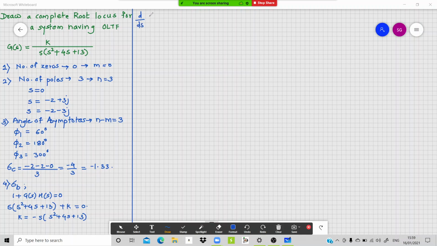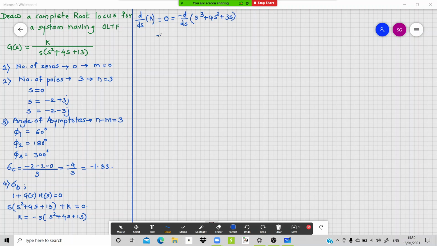ds of k, equating to 0. So we'll differentiate and we'll equate it to 0. 0 is equal to minus ds of, I'll take this s inside and I'll solve, s cube plus 4s square plus 13s.